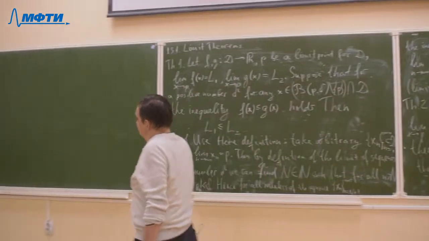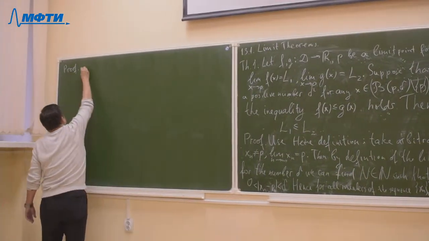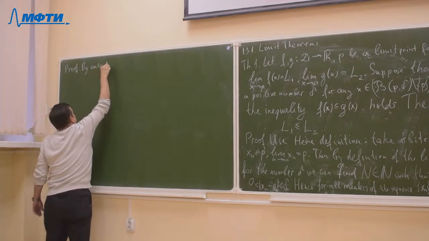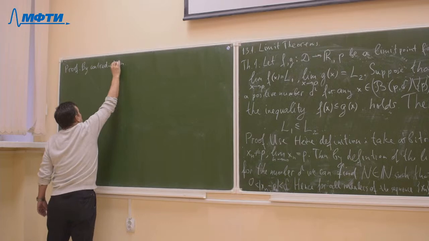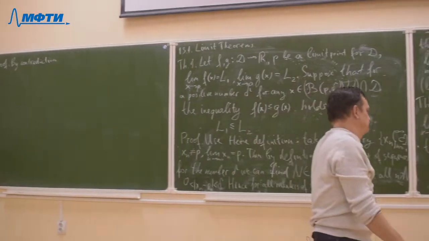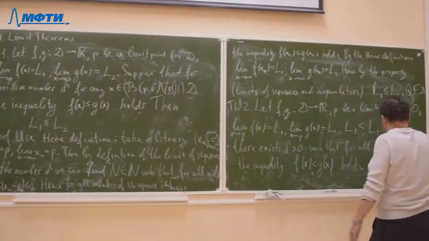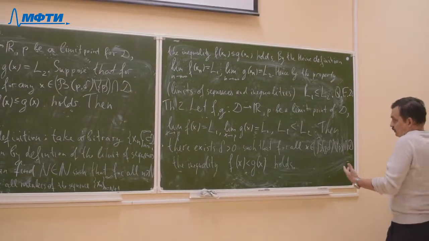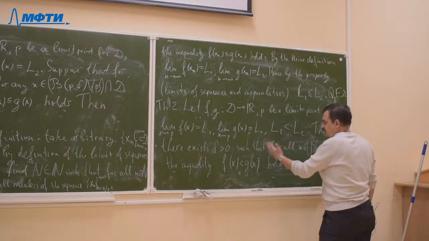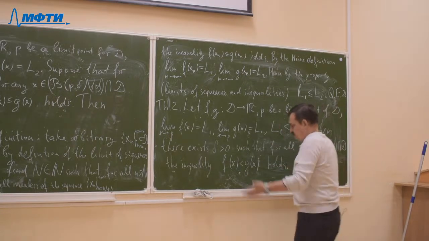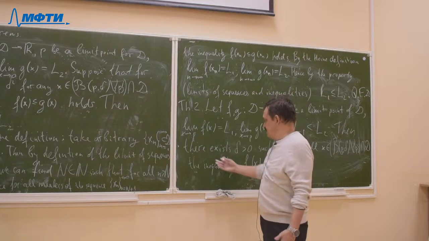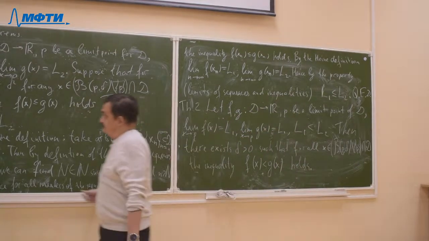By contradiction. But what is contrary here? We want to prove that there exists something such that something is valid. And what is contrary?